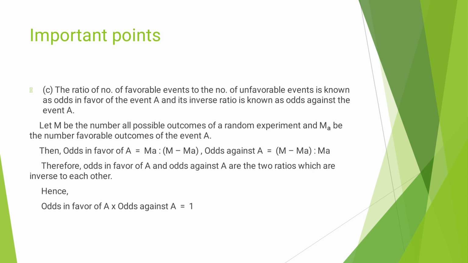Therefore, the odds in favor of A and the odds against A are two ratios which are inverse to each other, hence odds in favor of A times odds against A equals 1.